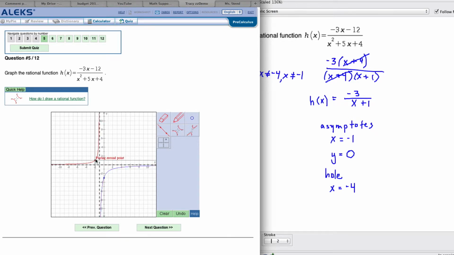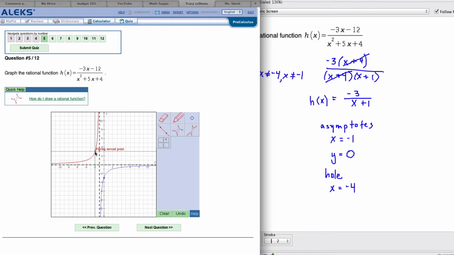We plot that point. Now we want a second point, so we pick another value to the left of this vertical asymptote. Let's plug in negative 2. Negative 2 plus 1 is negative 1, so negative 3 divided by negative 1 is positive 3. When x is negative 2, y is positive 3.